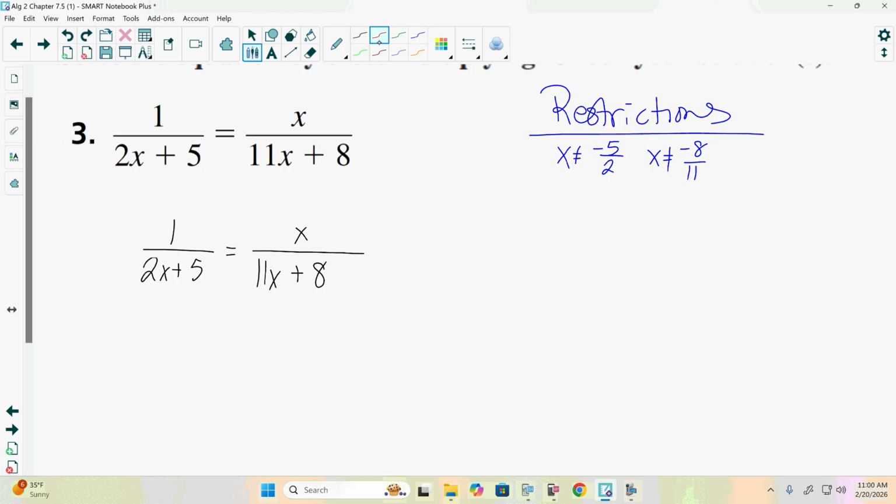But looking at this problem here, what do we need to multiply through by first? Because we're multiplying to do what? We're multiplying through to get the denominators to simplify, yes? So what can we multiply the left-hand side by to get that denominator to simplify?